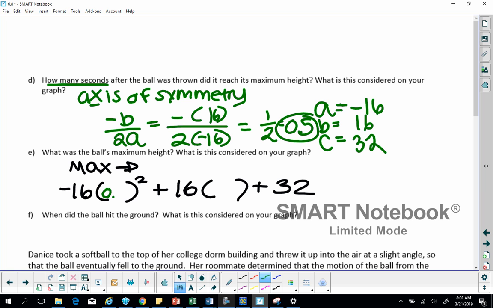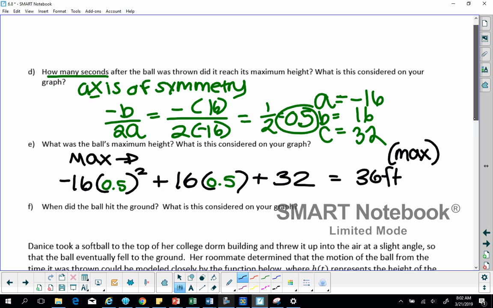And put that right into your calculator. So when you put that in, you end up getting 36, which is 36 feet. What is it considered? Your max.